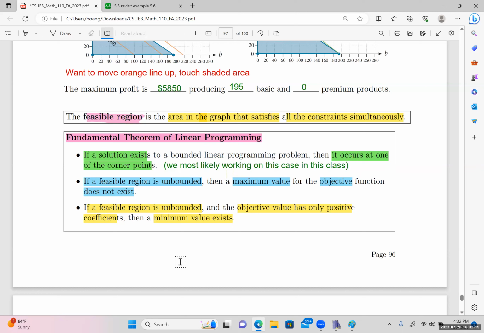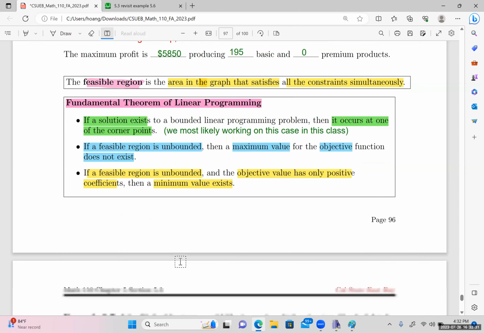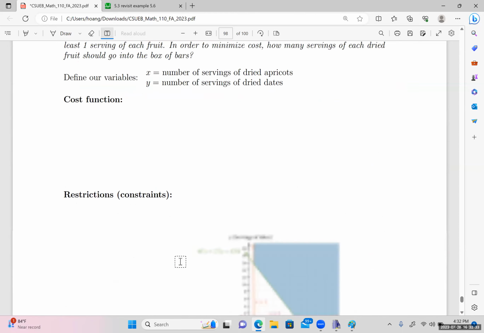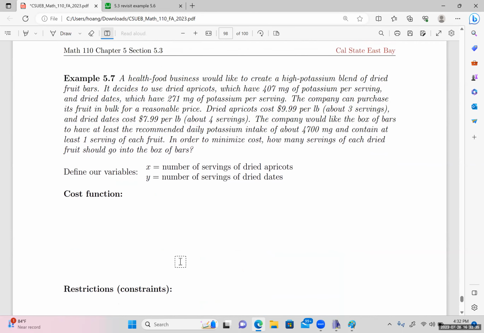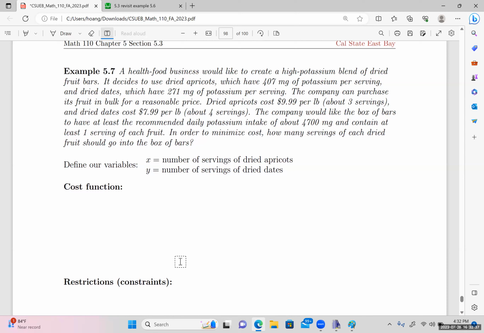And so we most likely are going to try to find the maximum profit or minimum cost in this class, something like that. All right, and we most likely are going to have the solution actually. So let's move to example 5.7. Okay, so let's read this one.